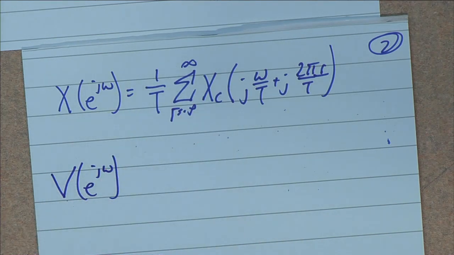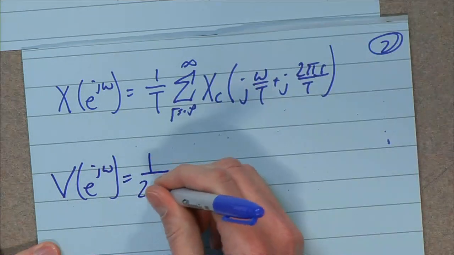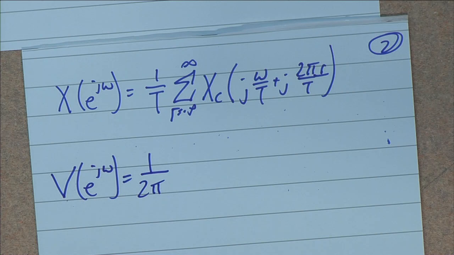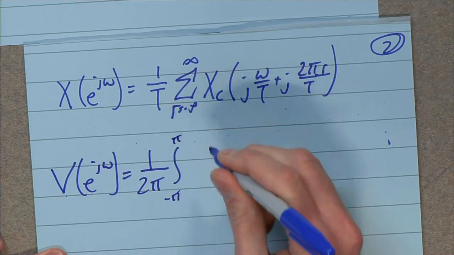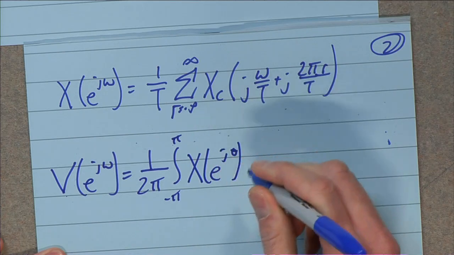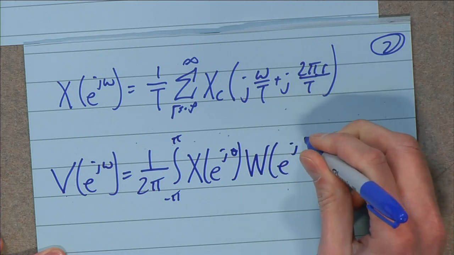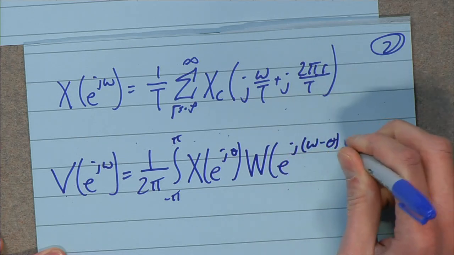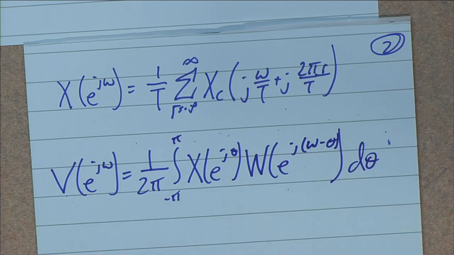The output of the whole process, since we're multiplying in time, as you can imagine, we're going to be convolving in frequency. And this would be W d theta. So what's going to happen here?